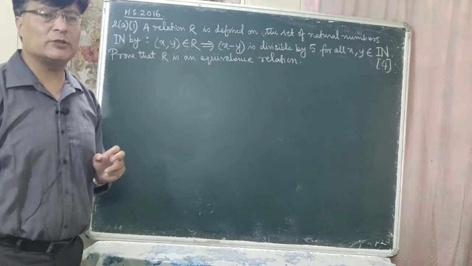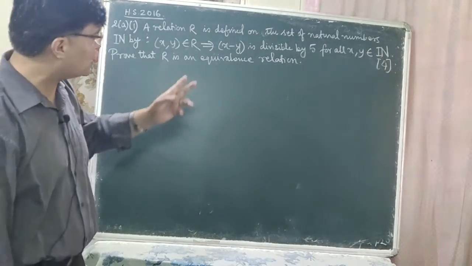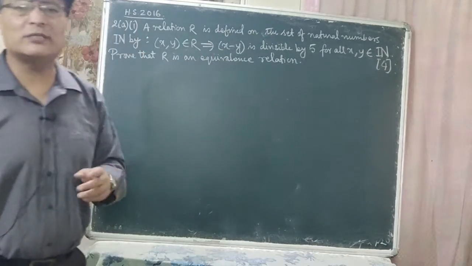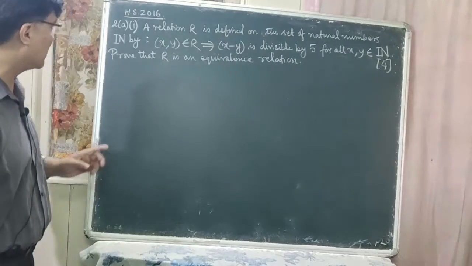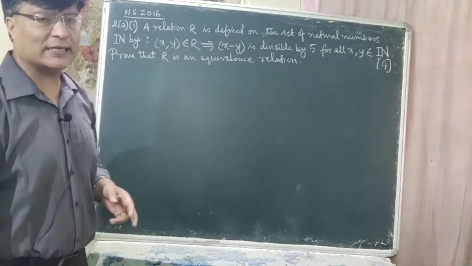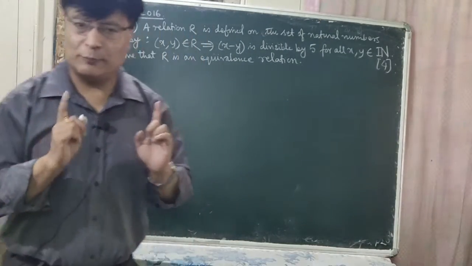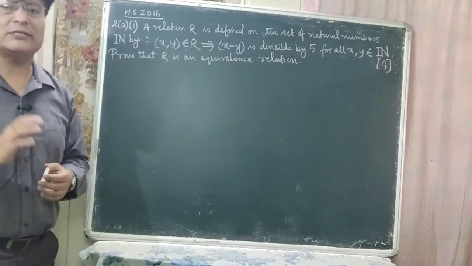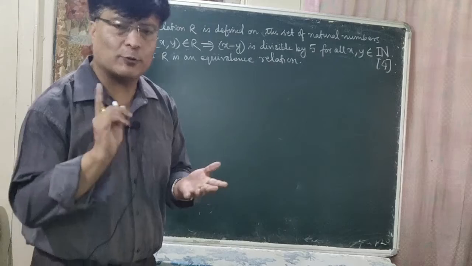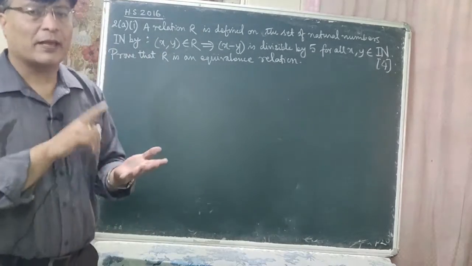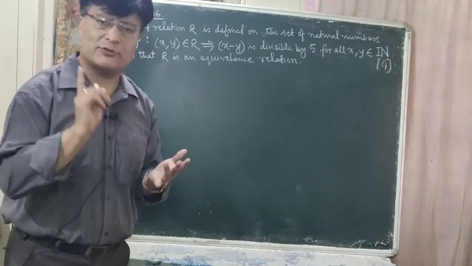So here the relation between x and y is given. What is that? x minus y is always divisible by 5 for all x comma y belonging to the natural numbers. Okay, so you have to prove that R is an equivalence relation. In order to prove that R is an equivalence relation, you have to prove that R is reflexive, R is symmetric, and R is transitive.